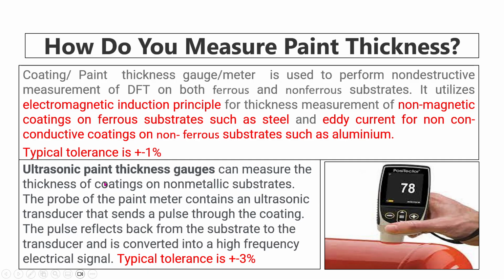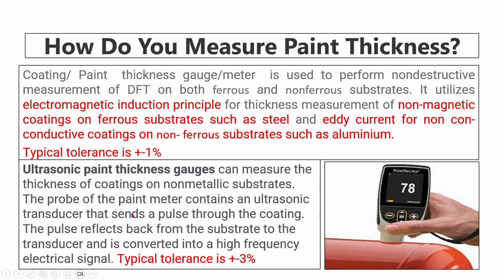There is another method we can measure the thickness, that is called ultrasonic paint thickness gauges, that can be used for thickness of coating on non-metallic substrate, not ferrous, non-ferrous like aluminium, and ferrous like steel. If you have a non-metallic substance, suppose PVC, etc., there also you can measure the film thickness. Then you have to apply the ultrasonic paint thickness gauge.